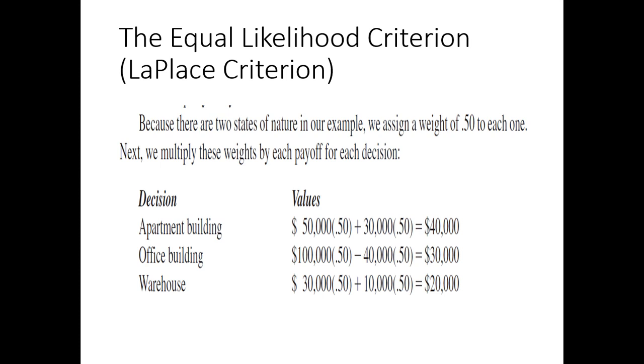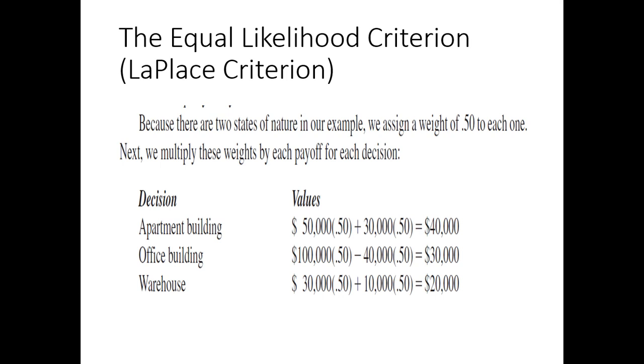We don't have to do anything. All the payoffs are multiplied by 0.5 or 50. So you multiply 50,000 by 0.5, 30,000 by 0.5, and calculate all of them. Here it is minus because this is a loss; if the economic condition is not good, that's why we are subtracting.